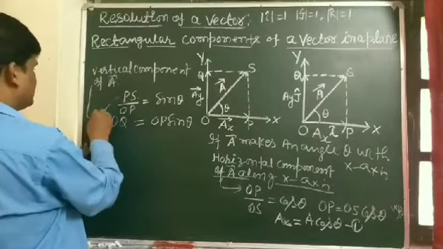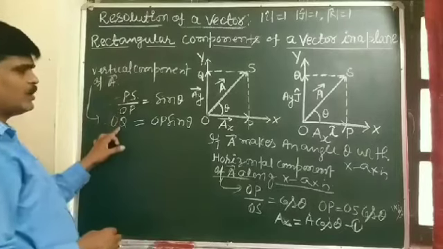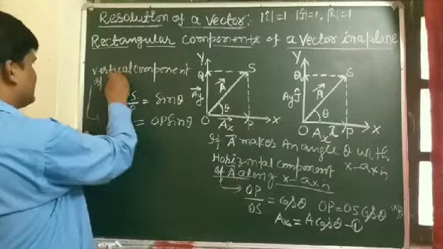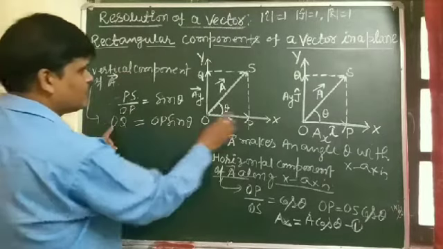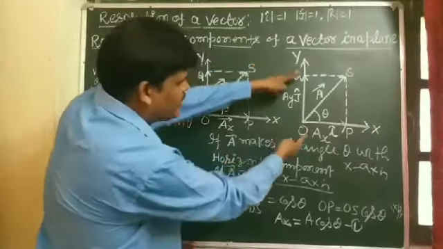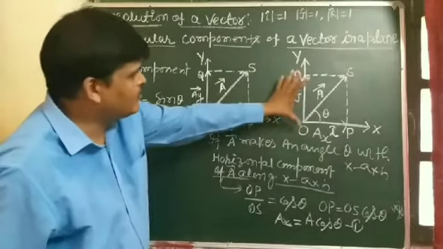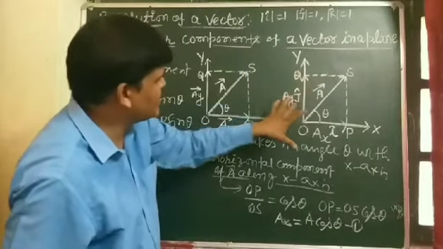And this is the vertical component. PS equals OQ, and the vertical component of vector A is OQ, which is OP sin theta. OQ is the magnitude of unit vector j, that is 1, only the numerical value.